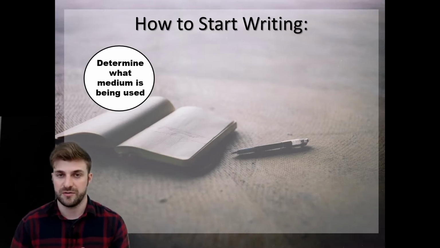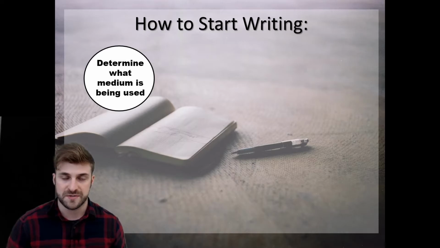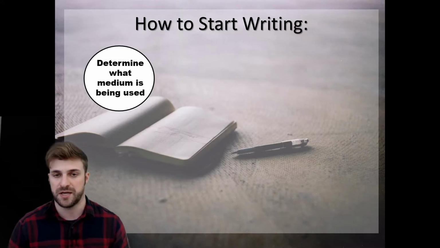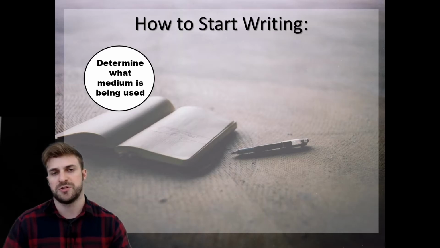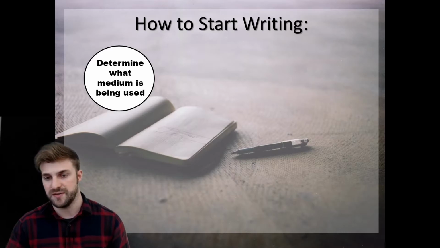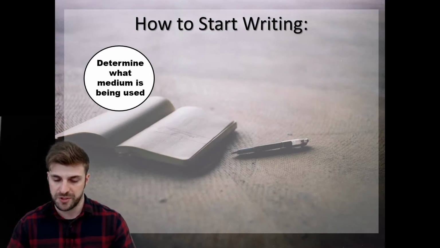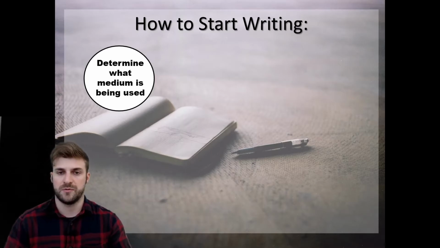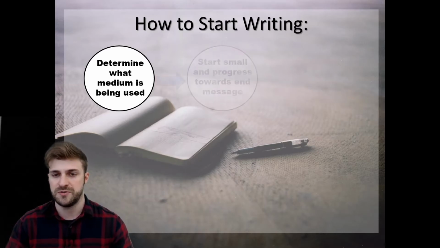We went over emails, text messages, letters, maybe invitations, okay? But we're determining first off what medium is being used, and that will determine what kind of language we use, and also who it is to. So number one, determine what medium is being used.